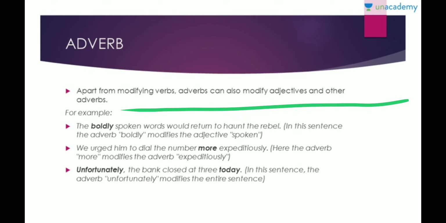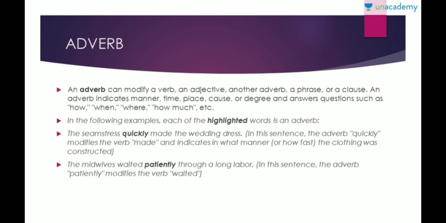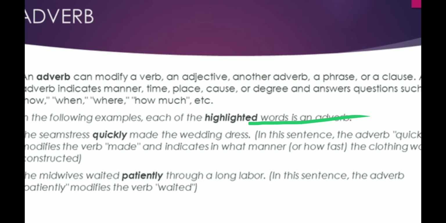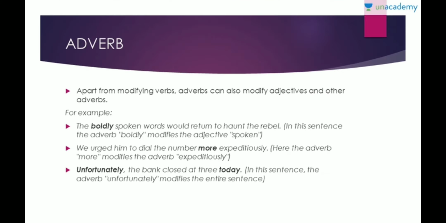Apart from modifying verbs, it can modify adjectives as well. Like we talked about in the previous video, it can modify everything: an adjective, adverb, phrase, clause, anything. Let's look at examples of modifying adjectives. The boldly spoken words would return to haunt the rebel.